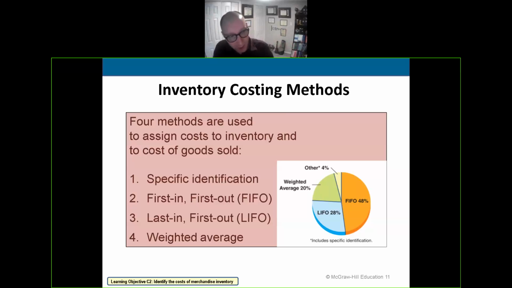The reason for this is they want to sell what they received in first. Okay? If I'm a grocery store, I purchase oranges from my vendor. The oranges come into my store. I want to sell those first.